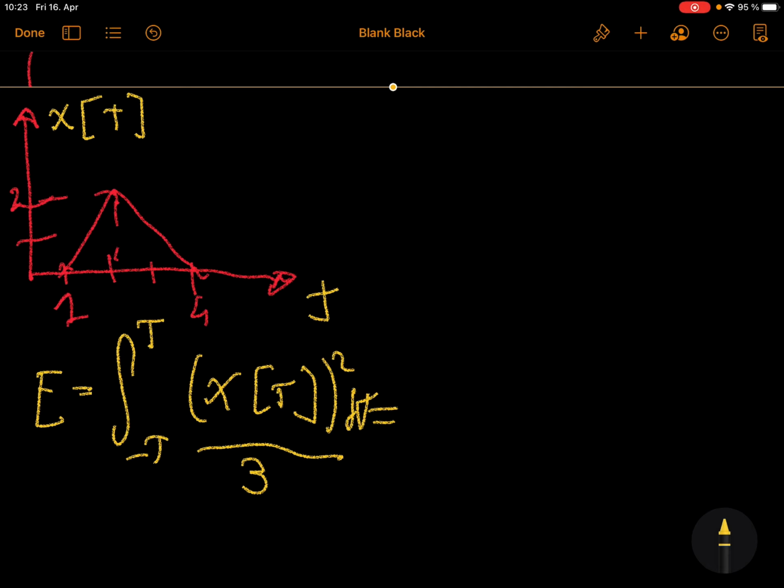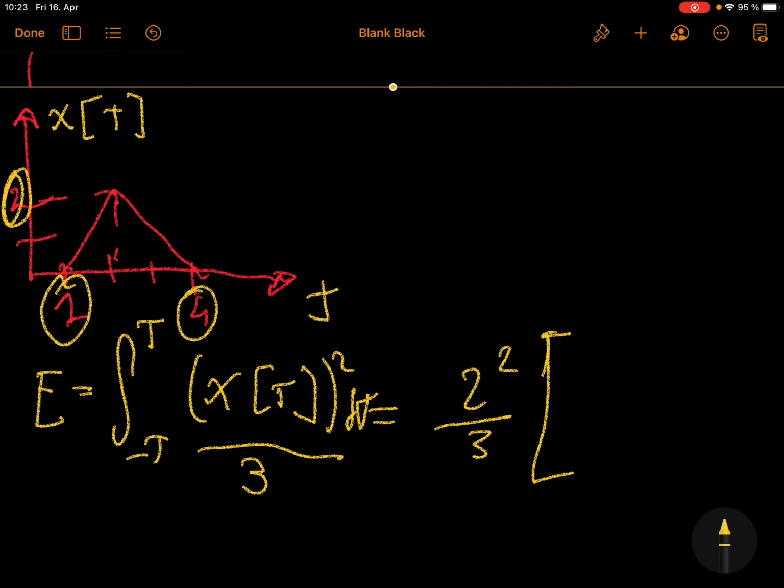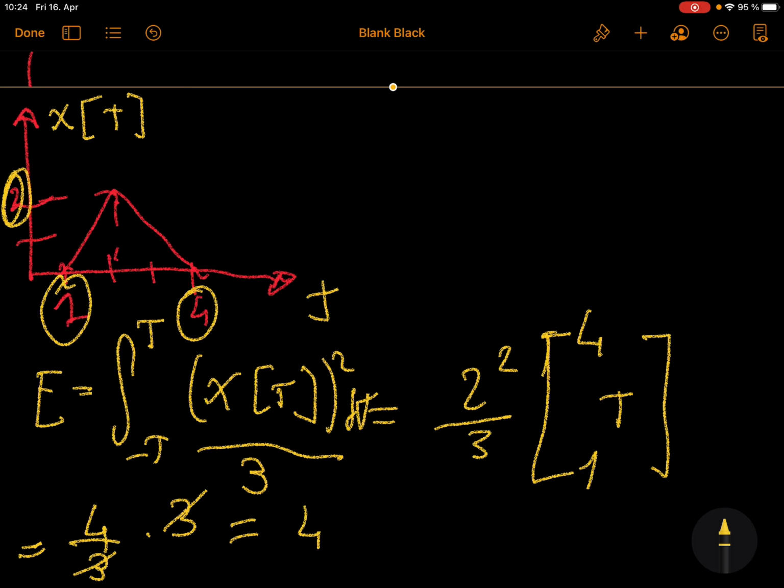So therefore, it's going to be 2 squared divided by 3, and the area between minus t and t is going to be 1 and 4, right? So between 1 and 4 of dt again is going to be t. Therefore, we calculate 4 divided by 3 multiplied by 3. We cancel out 3 and our signal energy is going to be equal to 4 joule.